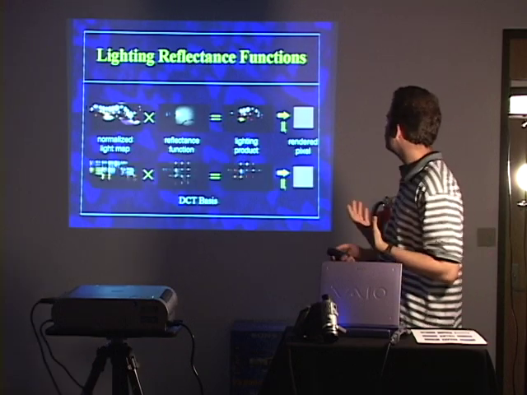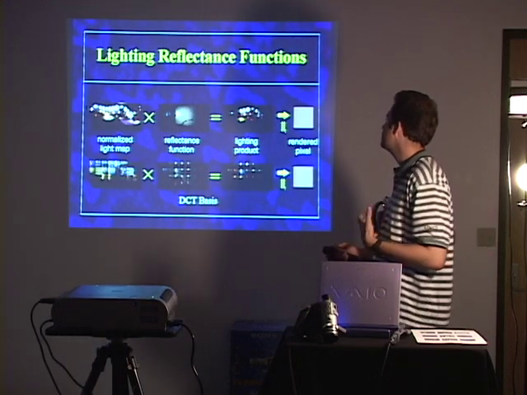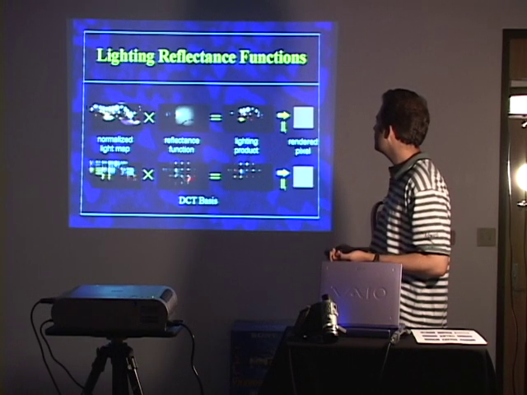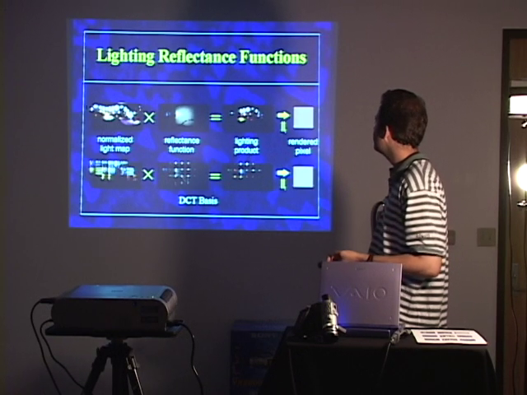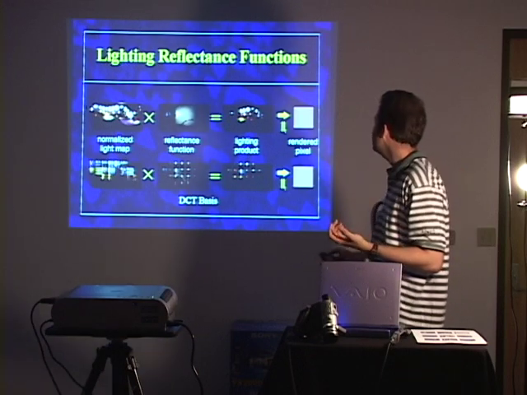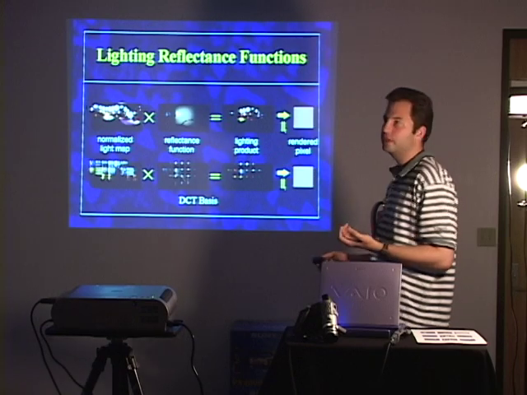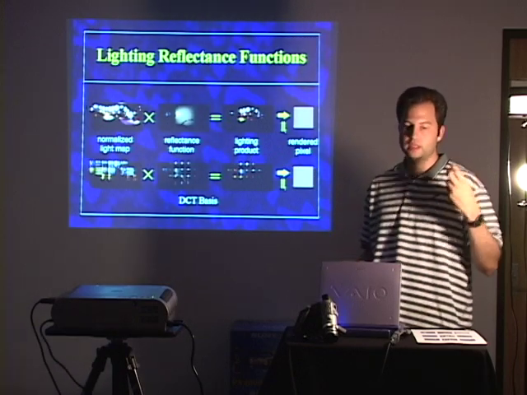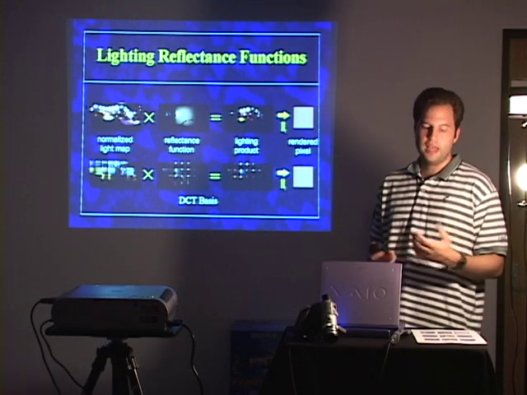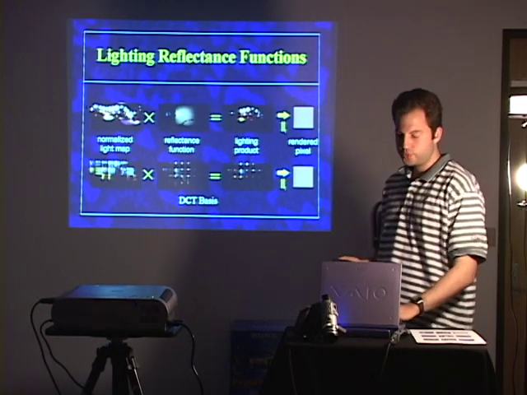So you can rewrite your equation in terms of a DCT basis by running the DCT on the light map, running the DCT on the reflectance function, which sets about 90% of the coefficients to 0, compute your lighting product and then your rendered pixel, and that saves you maybe a factor of 8 in computation and perhaps a factor of 8 in storage as well.